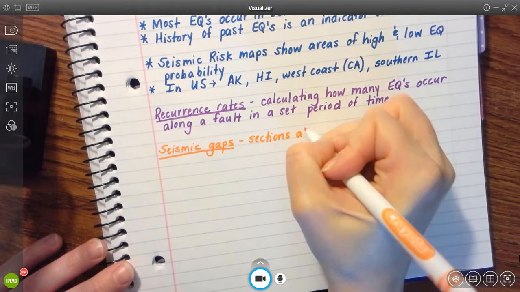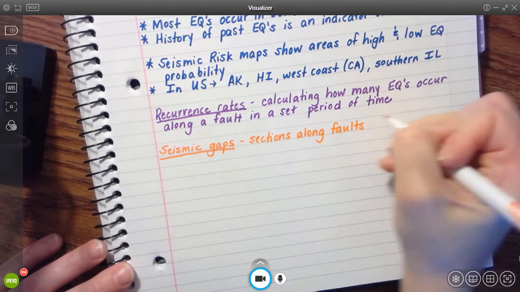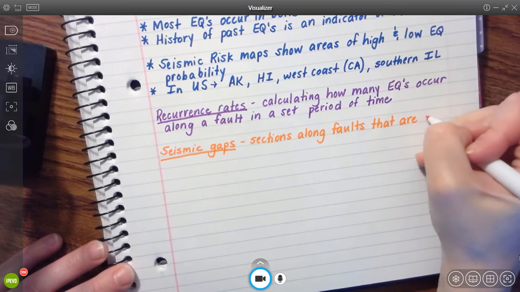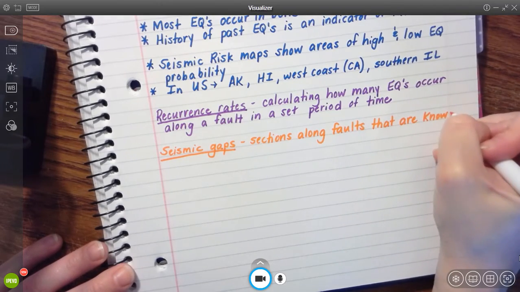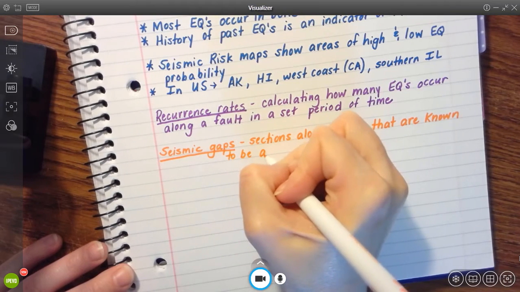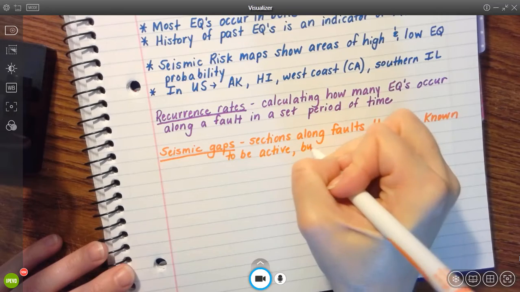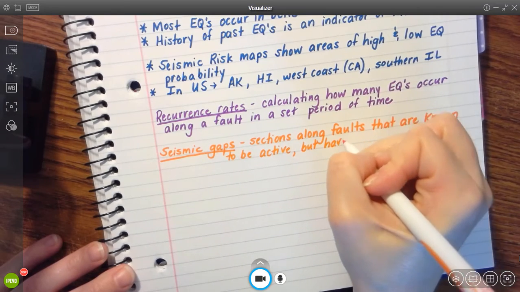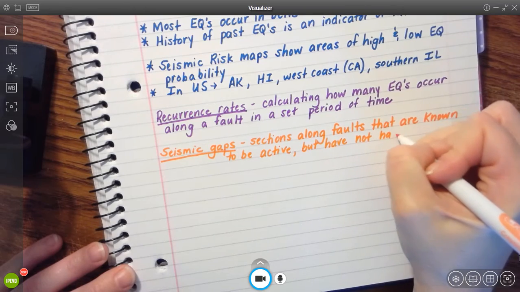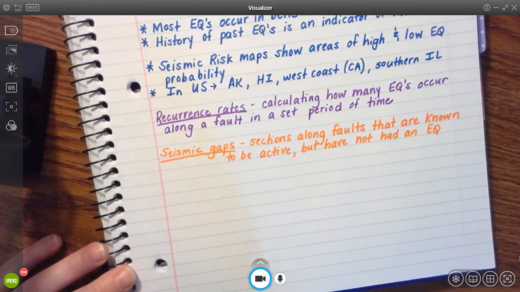Sections along faults that are known to be active but have not had an earthquake in a long time.